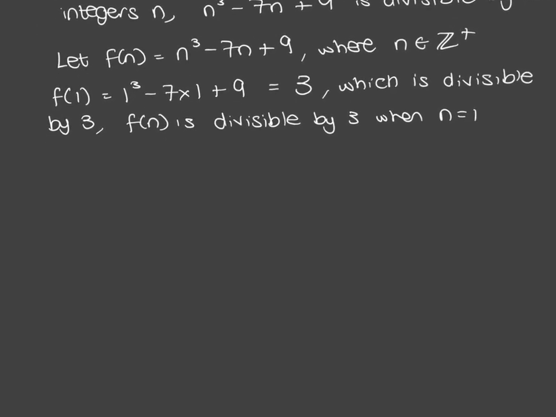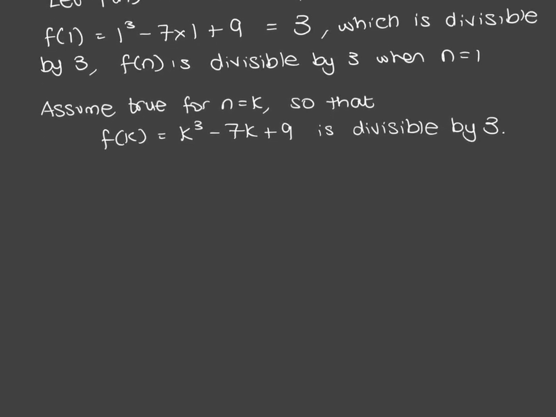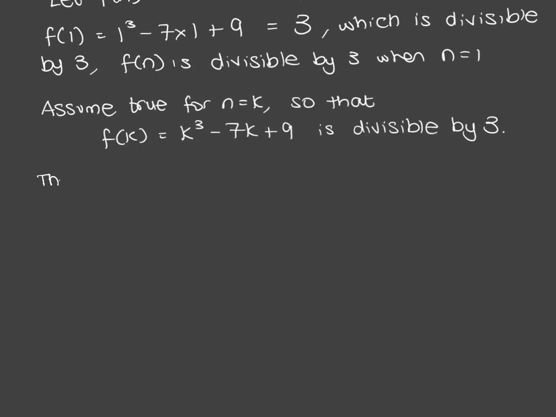Let's then do the assumption step. So I'm going to assume that it's true for n equals k, so that f of k equals k cubed minus 7k plus 9 is divisible by 3. And then I'm going to say, well, what happens if I do f of k plus 1?